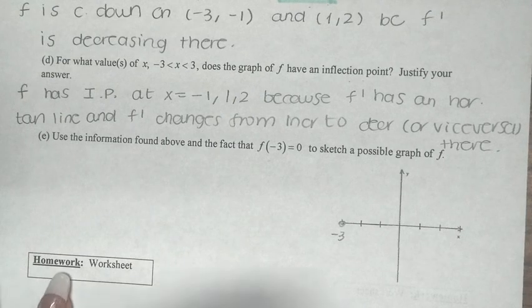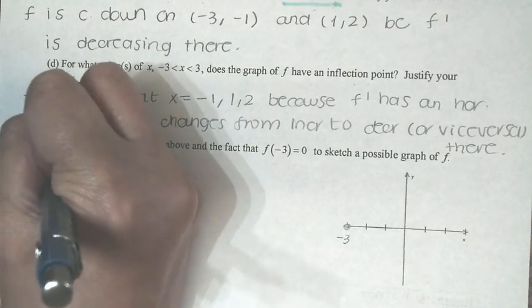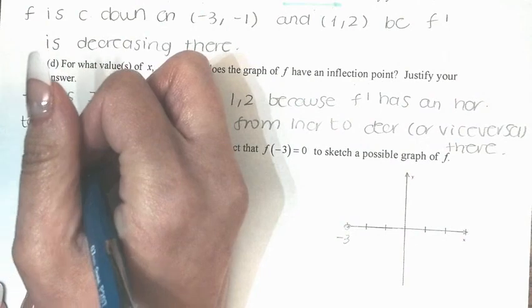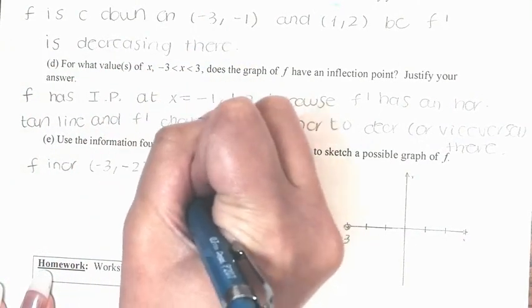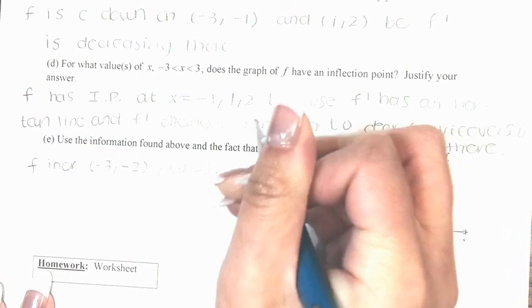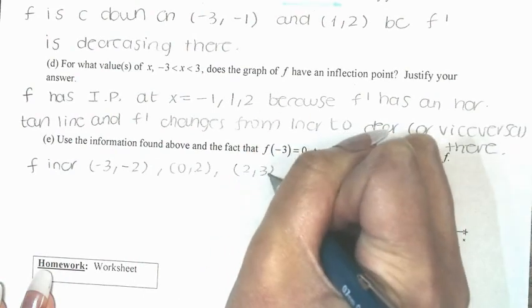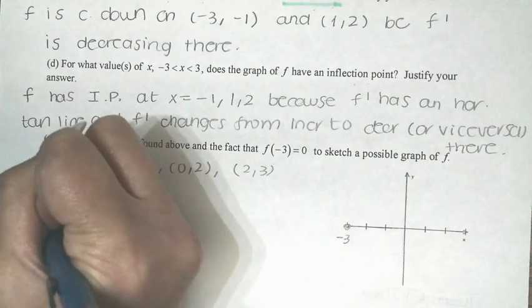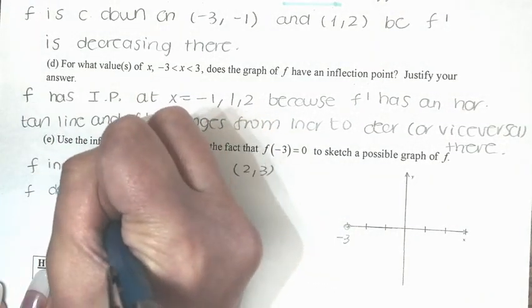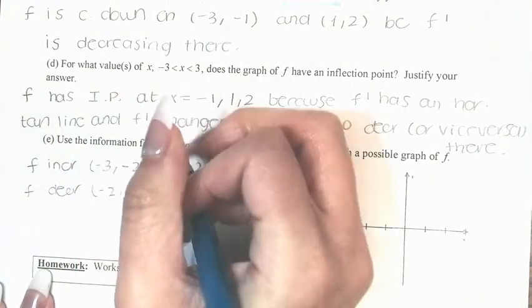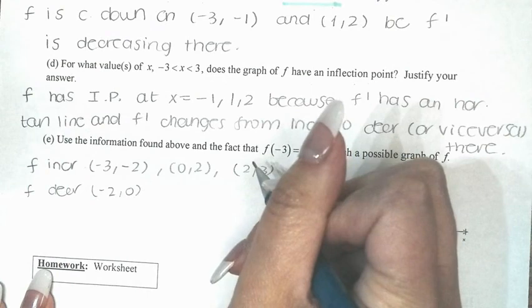We know that f is increasing from -3 to -2, then from 0 to 2, and then from 2 to 3. In addition, we know that f is decreasing on the interval from -2 to 0. And that's pretty much it.